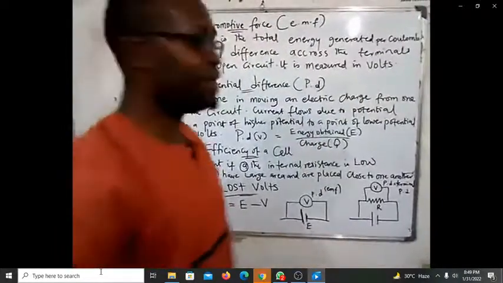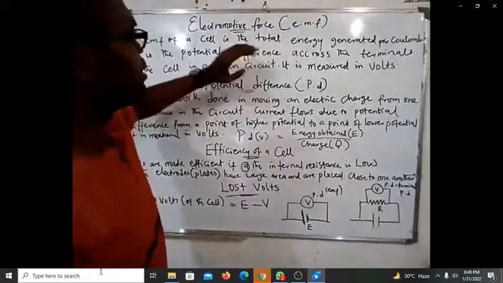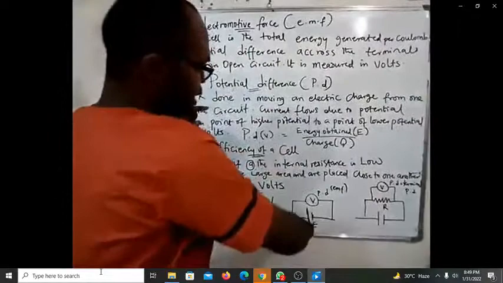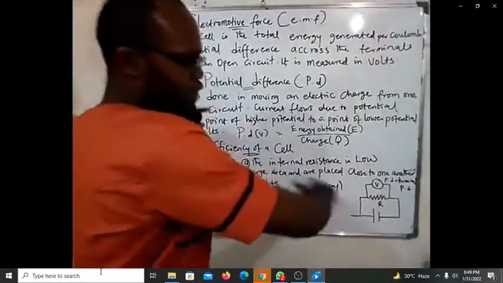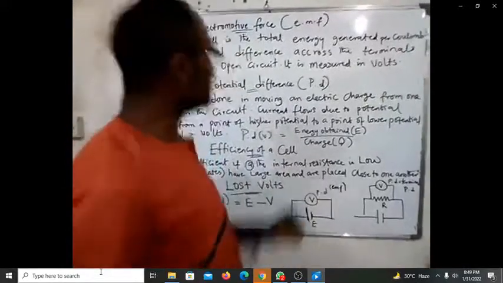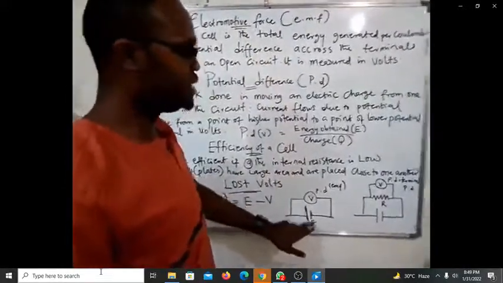We've been able to explain three concepts. Electromotive force, like I told you, is the energy that is generated that enables charges to flow through the circuit, causing current. That energy is known as electromotive force, and it comes from the cell.